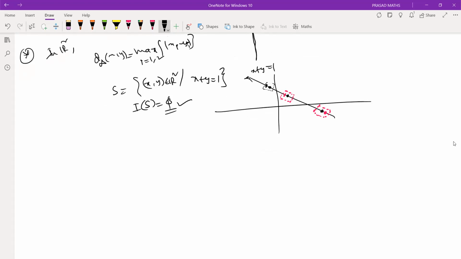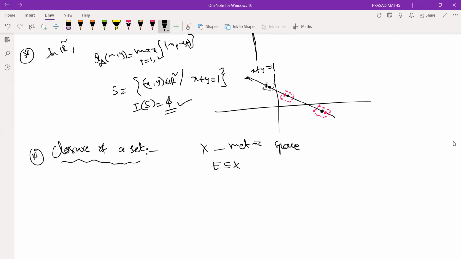Right. So the next concept is closure of the set. You have seen interior of a set, derived sets and isolated sets. Next is closure of the set. You start with any metric space, and you take any subset E of the metric space.